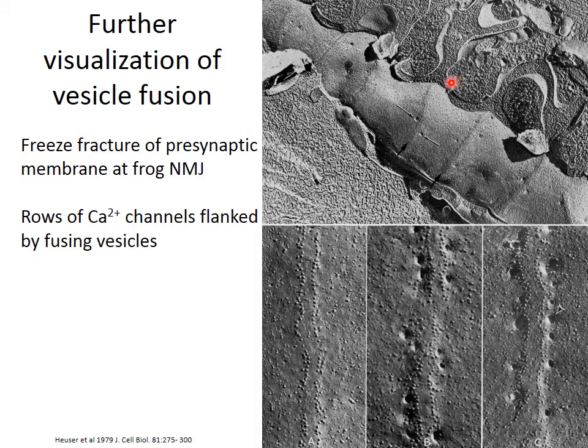And you can see these long stripes, which are the neuromuscular junction areas. And in the resting condition, they are lined by little bumps, which are indeed calcium channels. And on either side of those rows of calcium channels, one can see under stimulated conditions the invaginated pits where the synaptic vesicles have fused and are in the process of releasing their neurotransmitter. This is just an extraordinary picture.